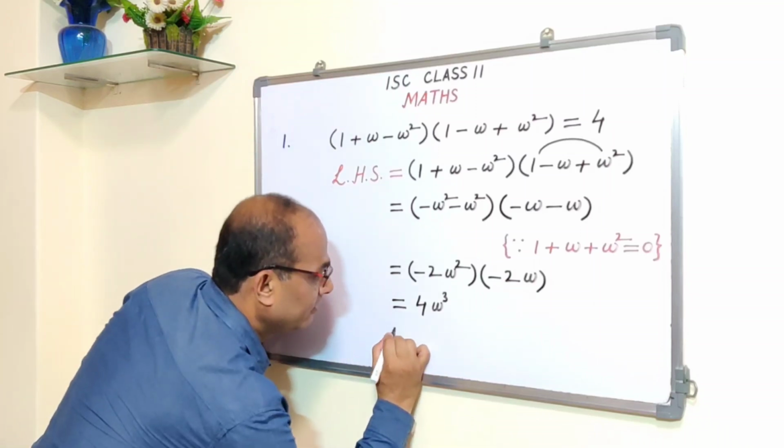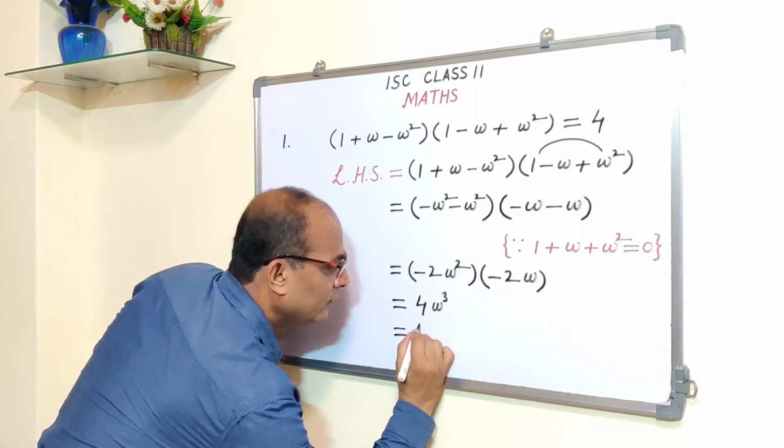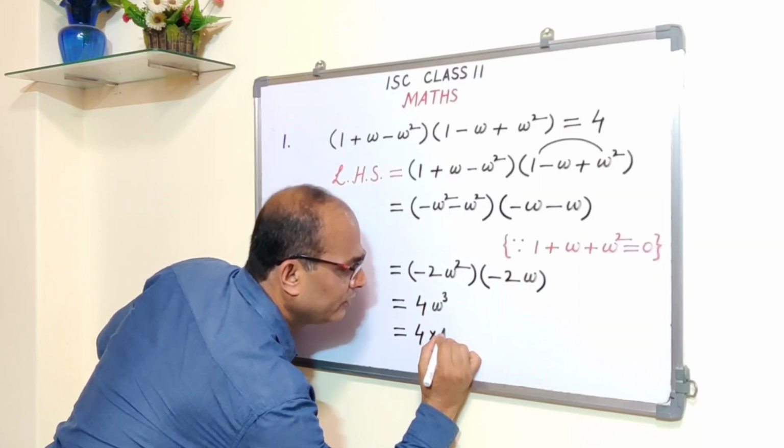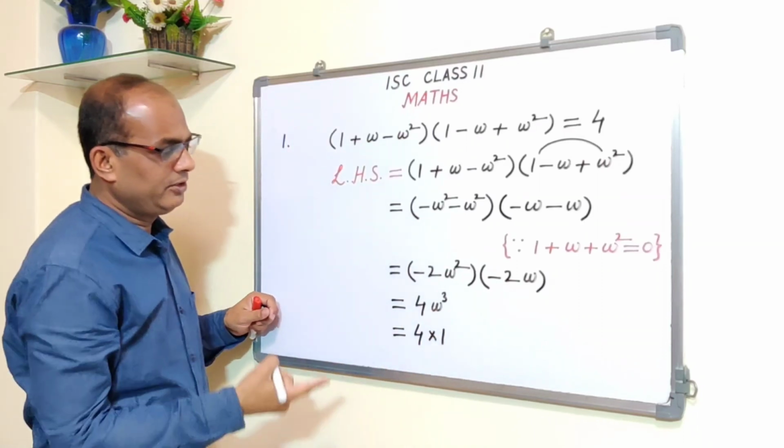And this is equal to 4 into 1. If you wish, you can write down into 1, because omega cube is equal to 1.